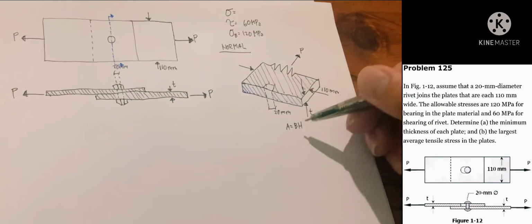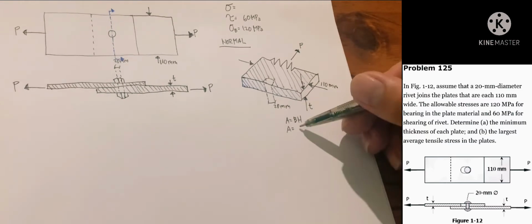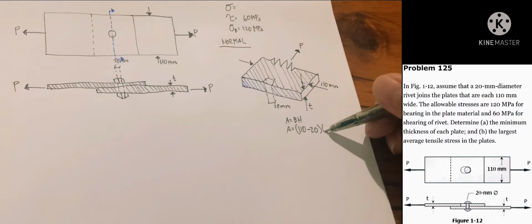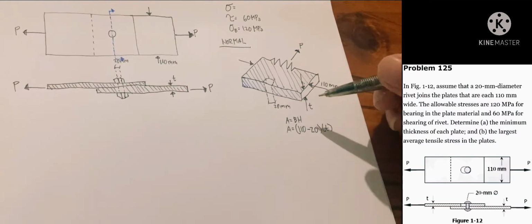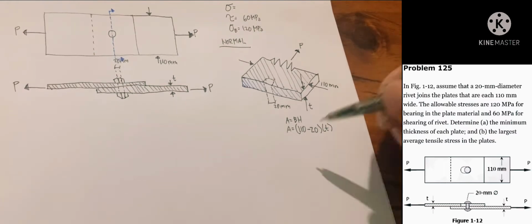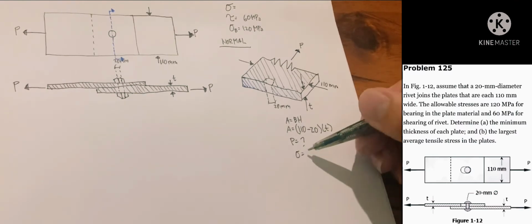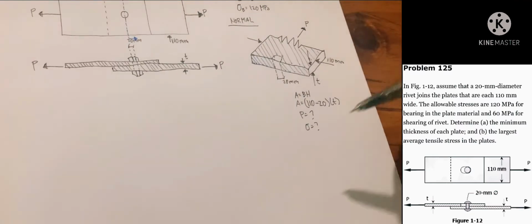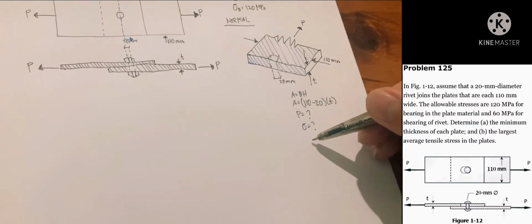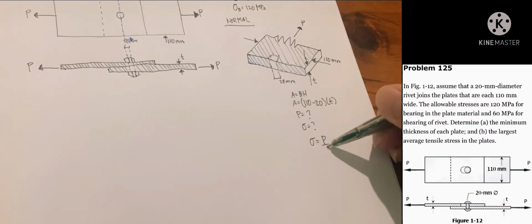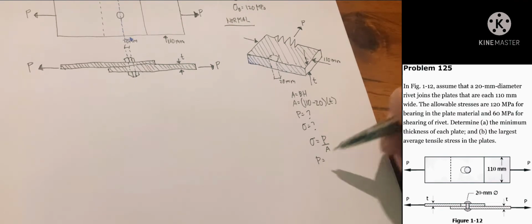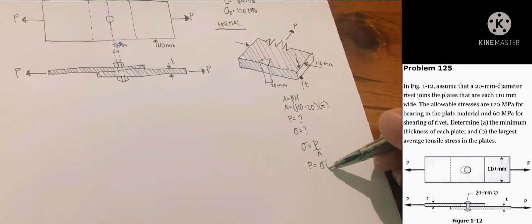So the other area would be the bearing, but let us focus on our P, or our normal. So that is the whole length, the whole width is 110 minus the diameter of the rivet, so we would have 90t.